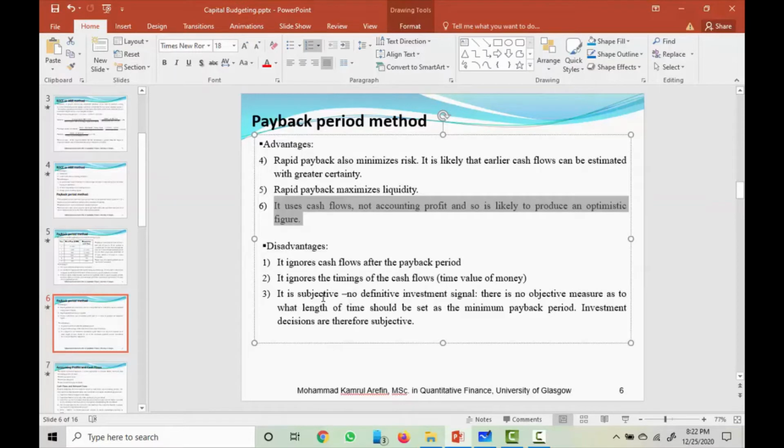So you made a sale of 100,000 taka last month, and you have calculated that you made a profit of 10,000 taka from those 100,000 taka sale. But most of the sale you made on credit, so although you have calculated a profit of 10,000 taka, that 10,000 taka is not materialized.